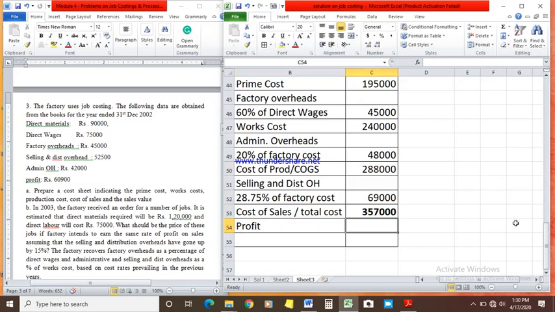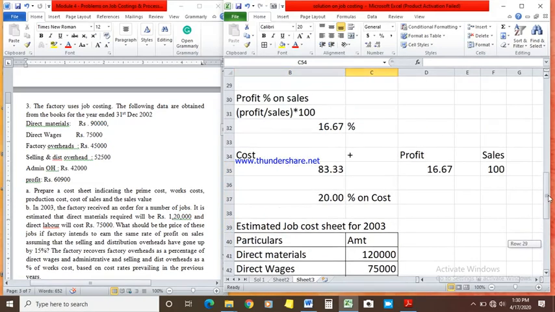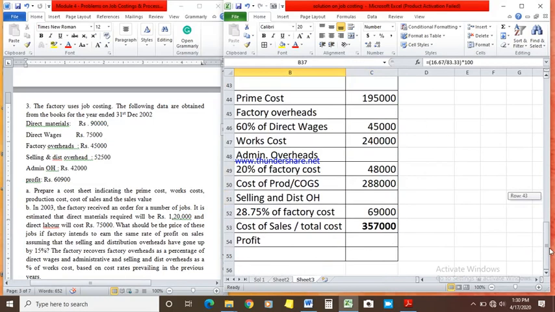According to the profit percentage, instead of 16.67% on sales, now we need to calculate only 20% on cost. So profit is equal to 20% on cost, 0.20 into 3,57,000. Adding these two, we get the sales value.